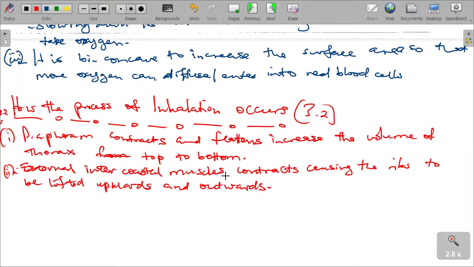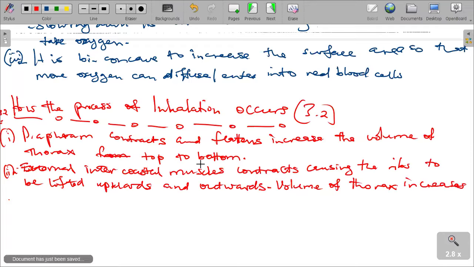The volume of the thorax cavity increases sideways.